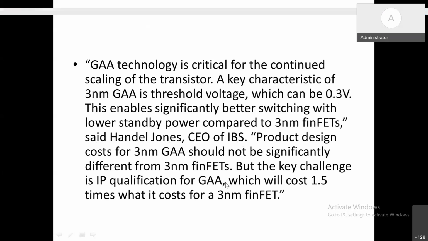But the key challenge with the GAA technology is its IP qualification, that is intellectual property qualification. It may cost 1.5 times what it costs for a 3 nanometer. That is the cost-wise aspect. It is higher, but performance-wise it's better than your FinFET.